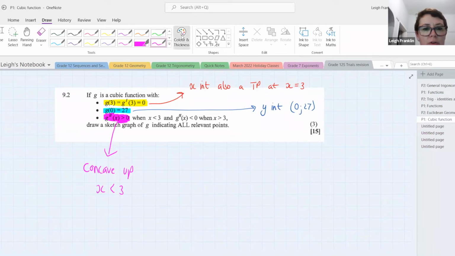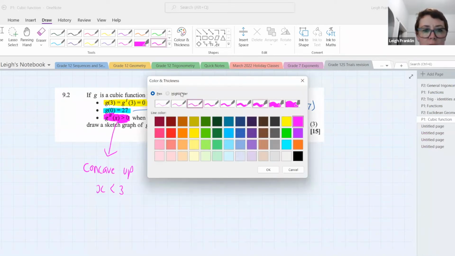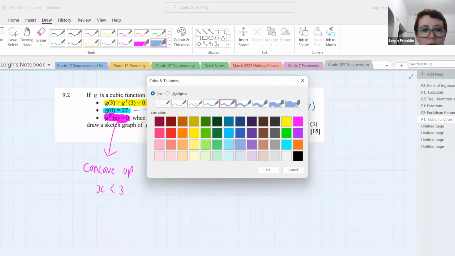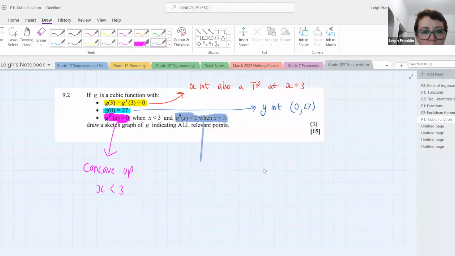And this bit over here, concave down when x is greater than 3.